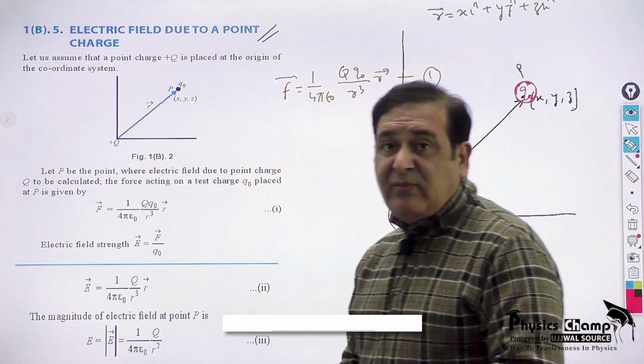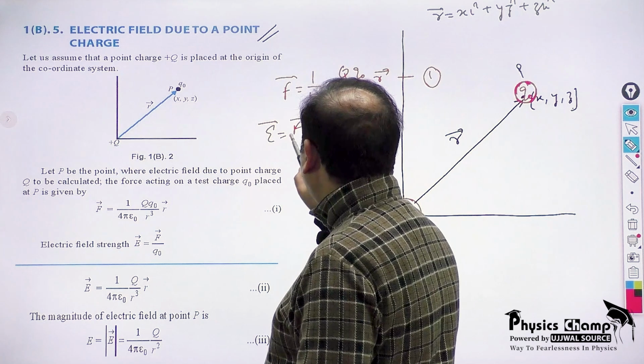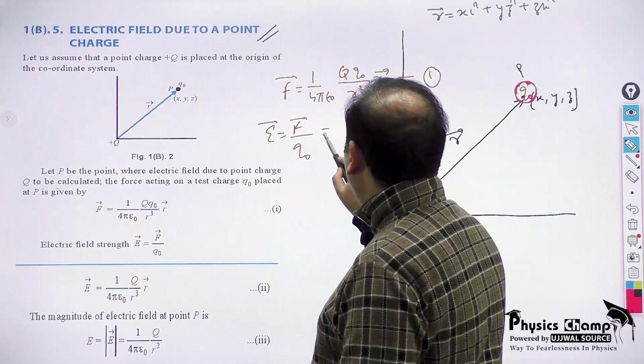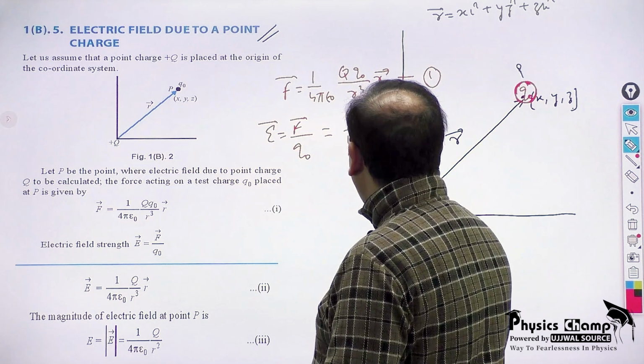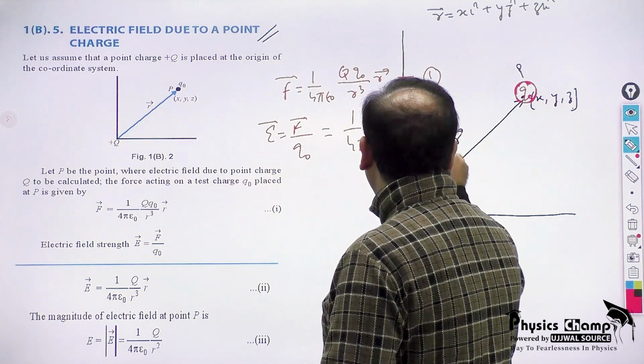But as we are interested to find electric field intensity, electric field strength, this is the force experienced by a unit test charge. So it will be 1 by 4 pi epsilon naught q by r cube into r vector.